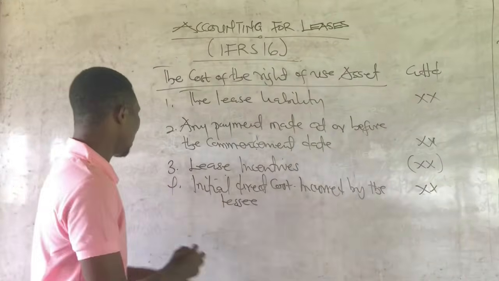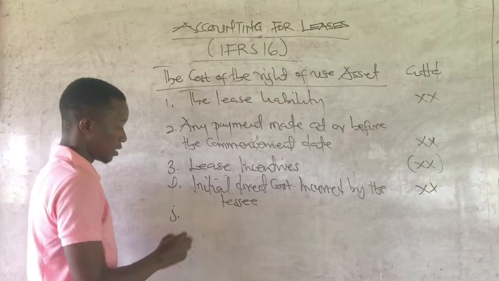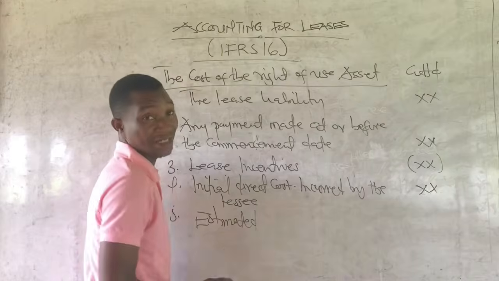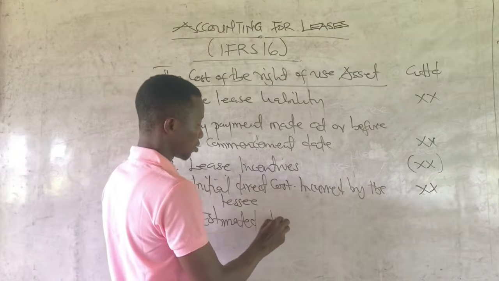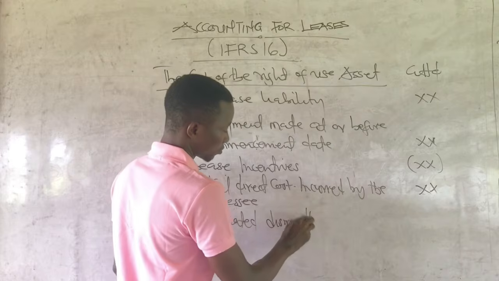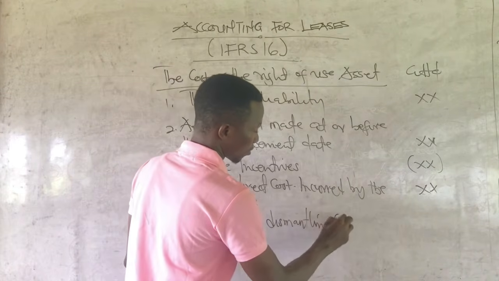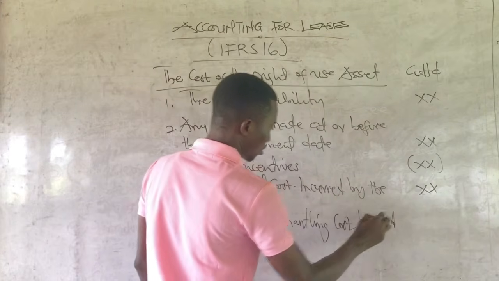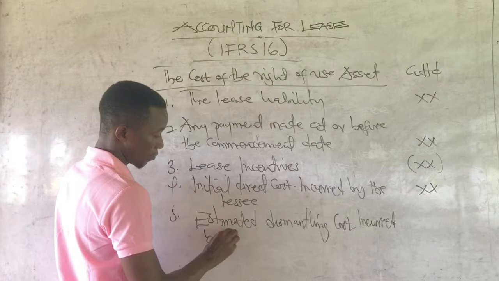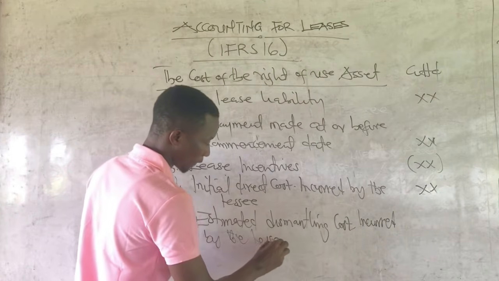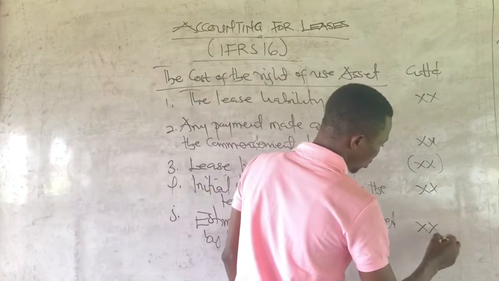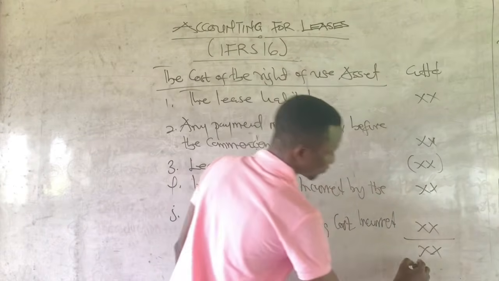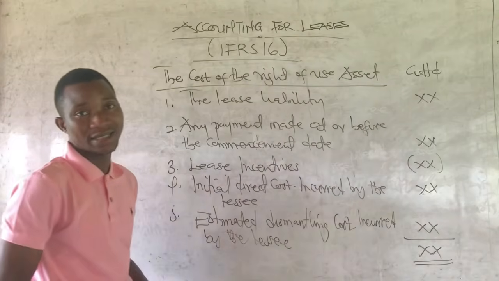And if there is any estimated dismantling cost that is incurred by the lessee, it has to be added. So the summation of this is going to give us the right of use asset.